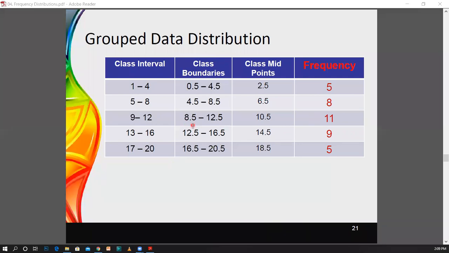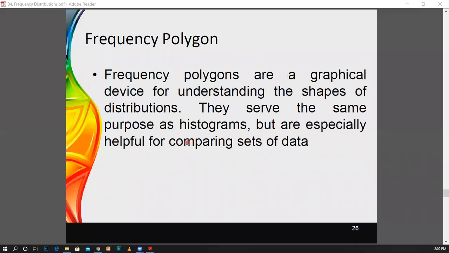Now we will move on to the next part. It is the construction of the frequency polygon. A frequency polygon is also a graphical technique for understanding the shape of a distribution. It serves the same purpose as the histogram, but is especially helpful for comparing sets of data.